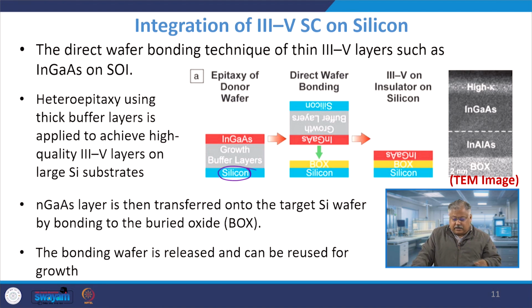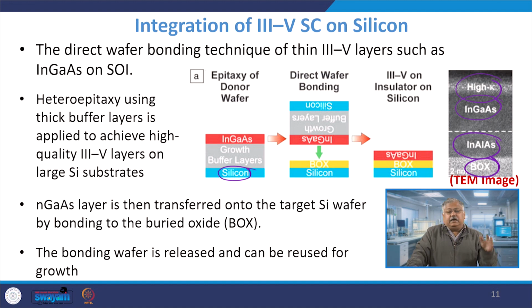Once you have it, what you do is rotate it to the top, and then you place it over the BOX. The BOX is basically an oxide layer, right? You have an indium aluminum arsenide and indium gallium arsenide, and then you have a high-K material generated here.